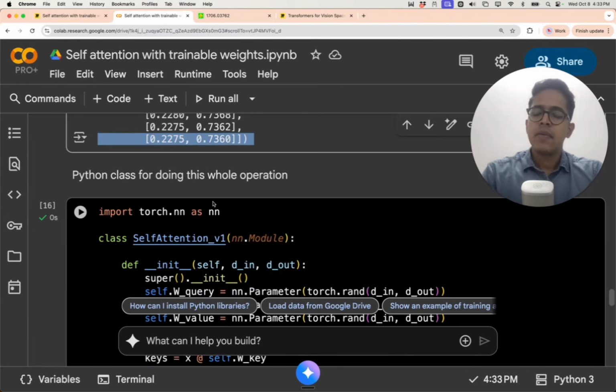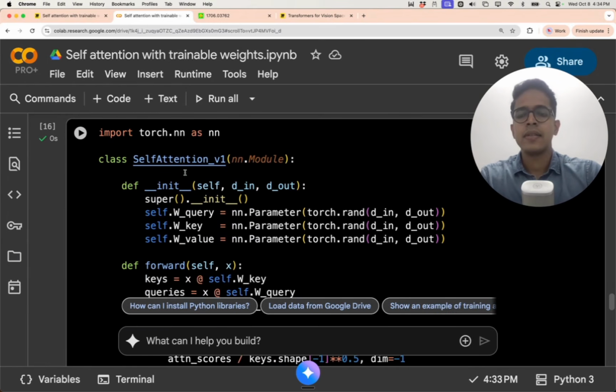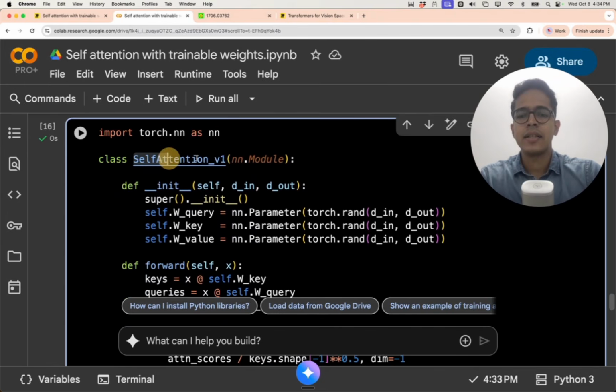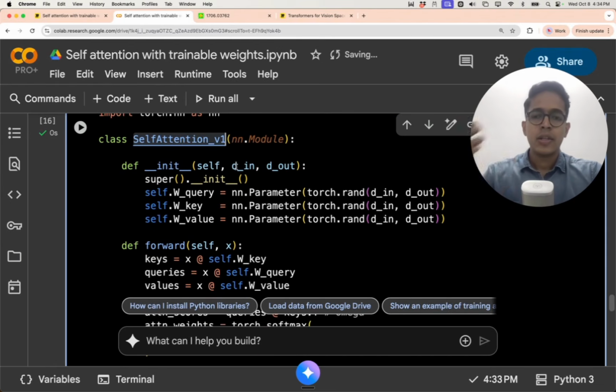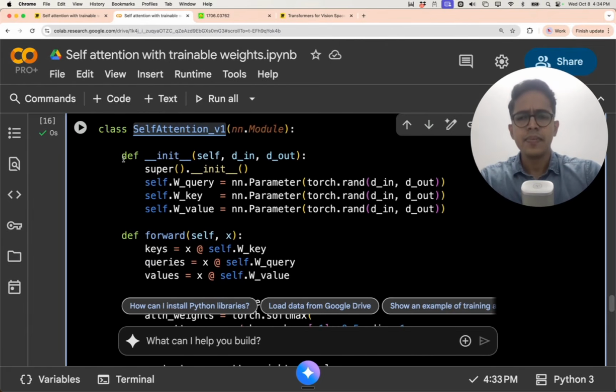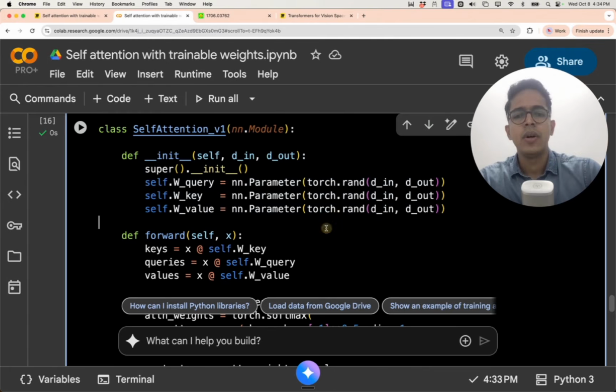We can also convert this whole operation into a cleaner Python class. So in Python, we can simply say class SelfAttention. This SelfAttention_v1 is just one Python class that we have defined. I'll show you one more variant of the same Python class. So we initialize the random weight matrices for query, key, and value. This nn.Parameter is one way to do that.